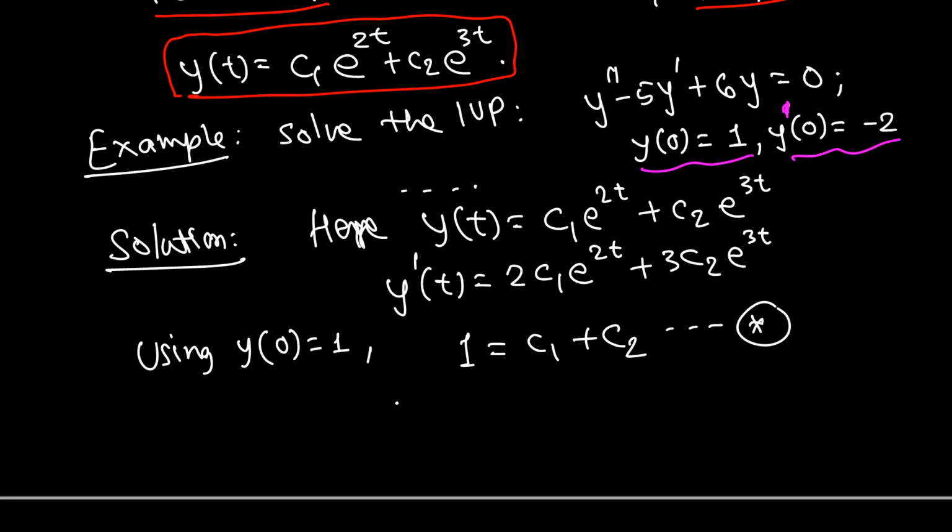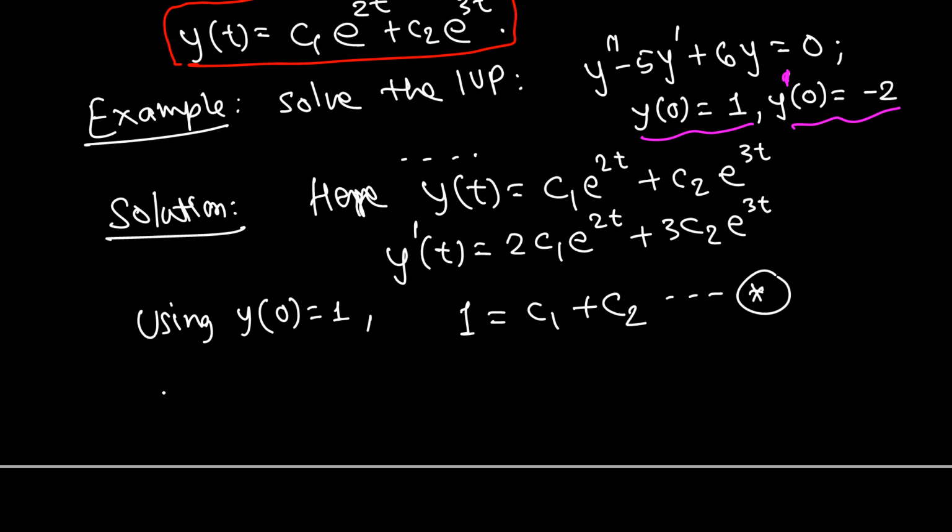And using the second initial condition, y prime at 0 equals negative 2. So we apply it here. Y prime is negative 2 when t is 0. So negative 2 equals 2c1 times e raised to 0 because t is 0, so 1. So this is just 2c1 plus 3c2.